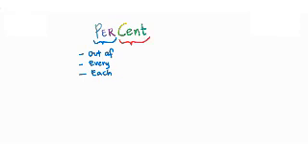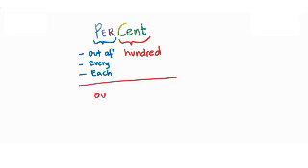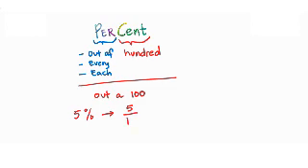Cent is another term for hundred, which means if you put them together, out of 100. Say 5% is basically 5 per 100.